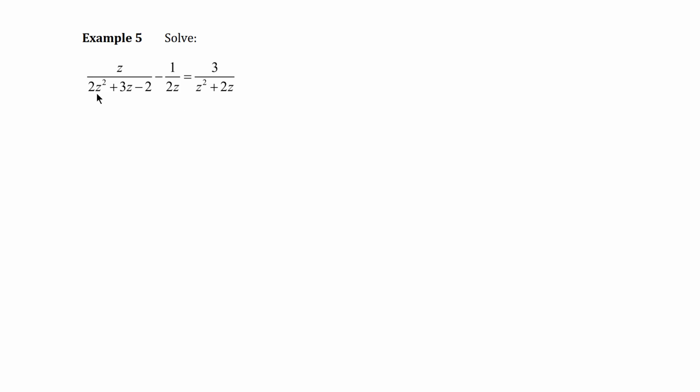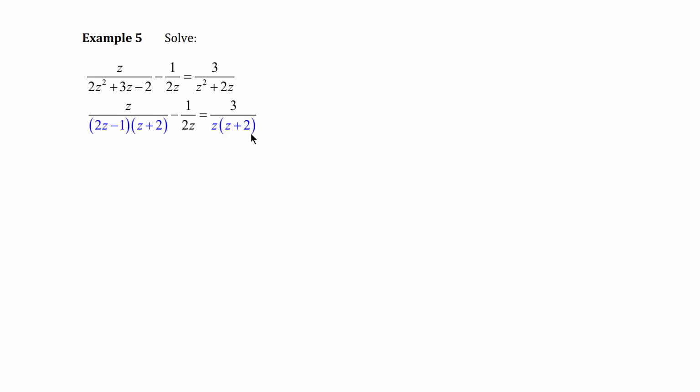We could factor the 2z squared plus 3z minus 2 using the star method, and we could factor a common factor of z from the z squared plus 2z. After factoring and bringing down all the terms, we get z over parentheses 2z minus 1 times parentheses z plus 2 minus 1 over 2z equals 3 over z times parentheses z plus 2.